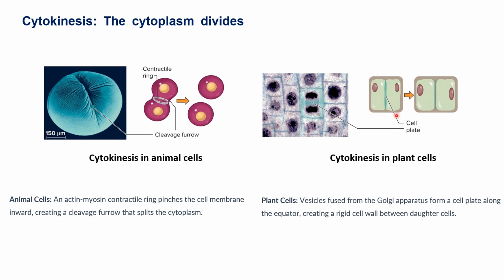Instead, vesicles from the Golgi apparatus fuse to form the cell plate along the equator. Then it builds a new cell wall from the inside out. Finally, it creates two daughter cells. This is how cytokinesis happens in both animal and plant cells.